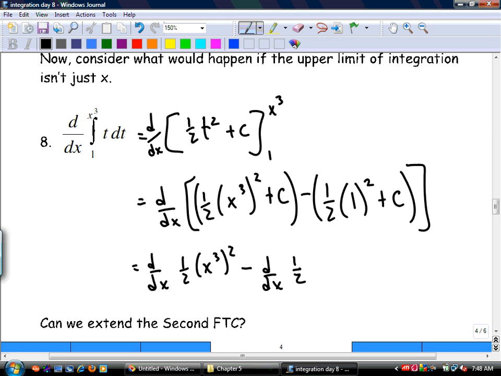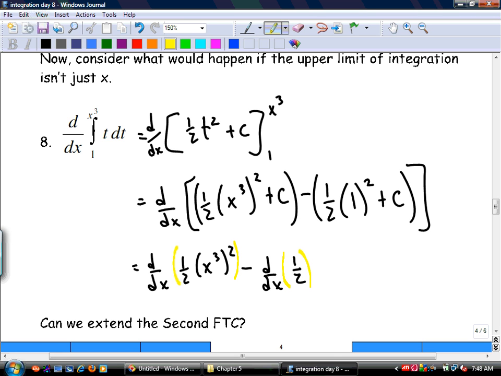So the c's cancel again, and what we have to do is the derivative of each of those parts. Now, when I was making the notes up for this last night, because I didn't remember the second fundamental theorem of calculus until I reviewed it, I went, oh yeah, right, that's all it is.